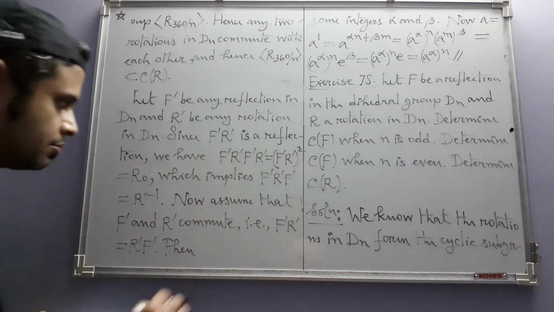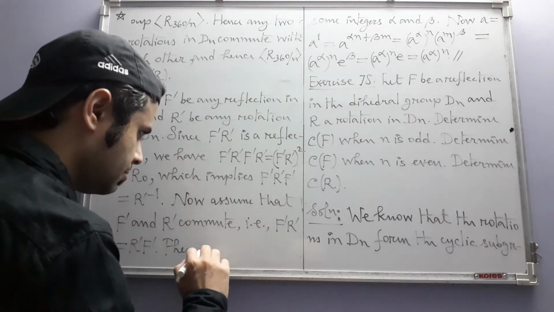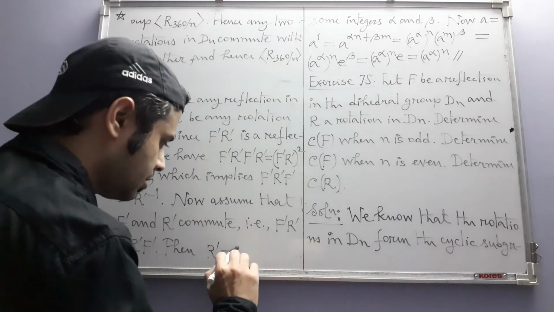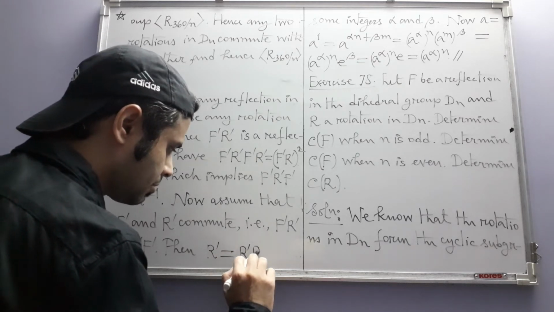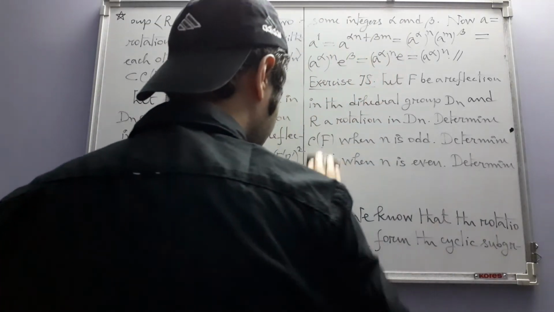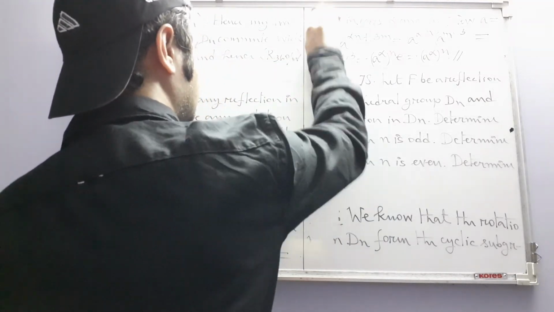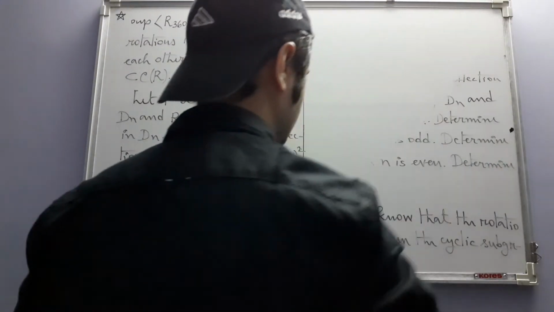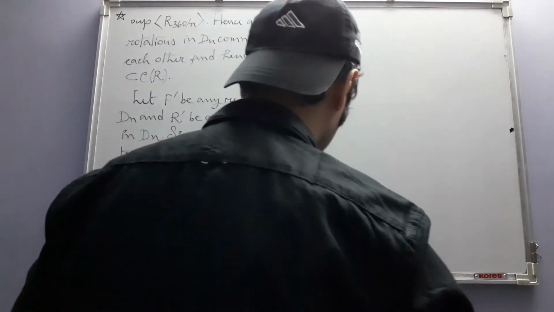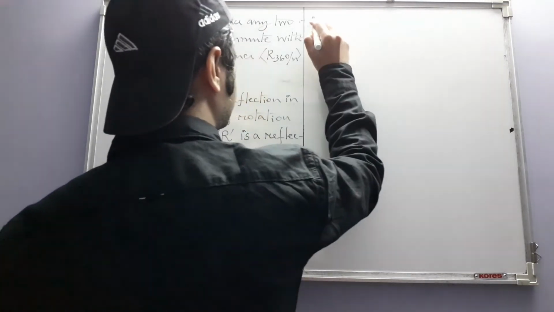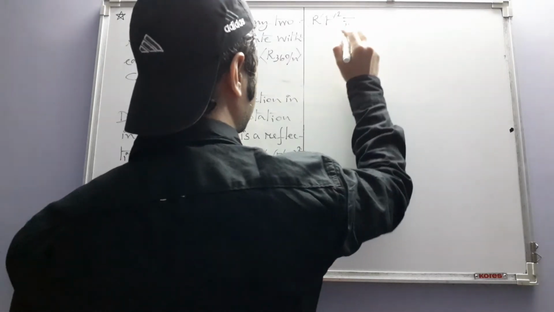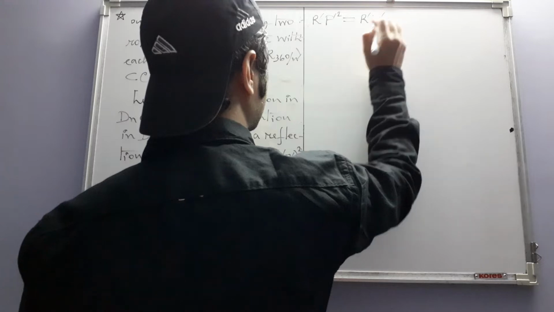Do we get anything new? R prime, which can be written as R prime R naught, because R naught is the identity, and in place of R naught we can write F prime square. Because F prime is a reflection, so its square will be the identity. So this is equal to R prime F prime square, which itself can be written as this.